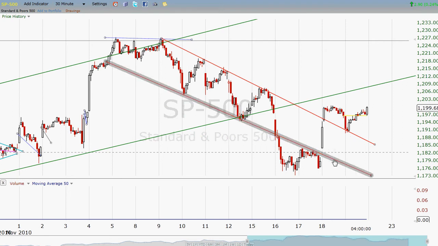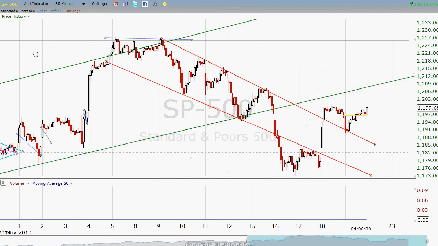You know, we came up yesterday into that channel, took out the top line, spent much of the day going sideways, then started to slide down this morning. Again, started with selling. It tried to get through this line, but it just couldn't do it, and then prices started to rally.